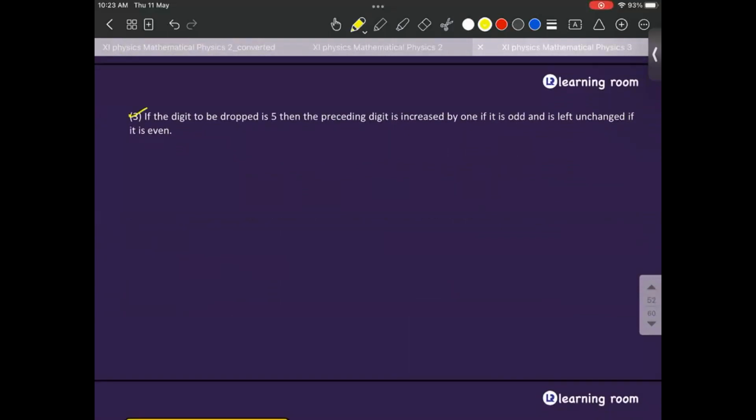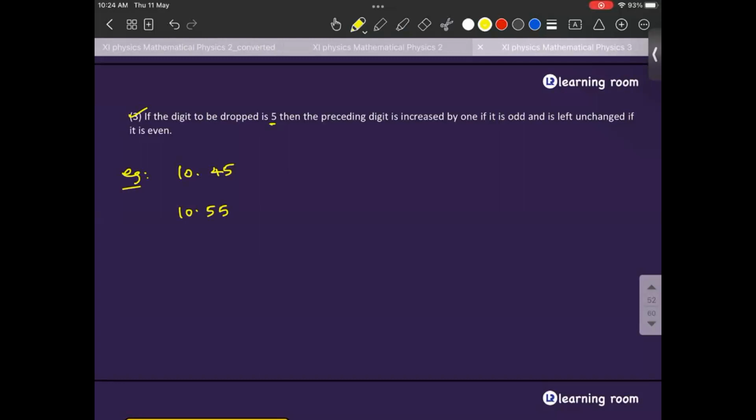If the digit to be dropped is 5, then the preceding digit is increased by 1 if it is odd, whereas if it is even, it is left unchanged. For example, I have 10.743 45, I have 10.55. Each of the readings that I gave you has 4 significant figures.